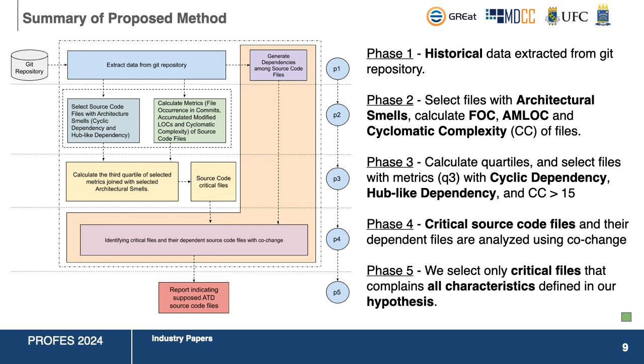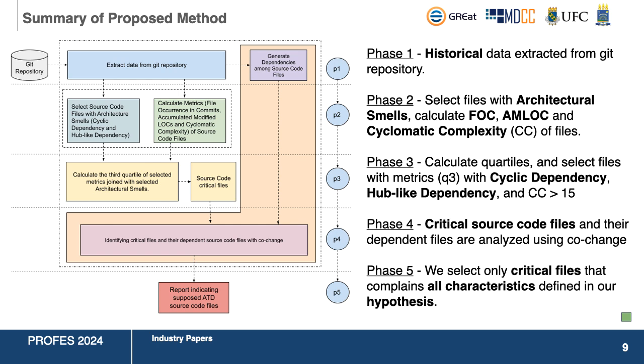In phase 2, we select architectural smells and important metrics like frequent occurrence of commits, accumulated log of commits, and the McCabe complexity metric. In phase 3, we select architecture smells, for example, cycle dependency and hub-like dependency.